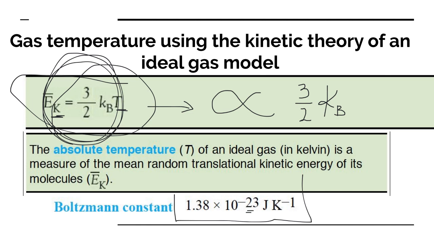And it's important to remember that temperature is in Kelvin, right? The temperature of an ideal gas in Kelvin is a measure of the mean random translational kinetic energy of the molecules. So temperature actually gives you a direct measure of how much kinetic energy the particles have.